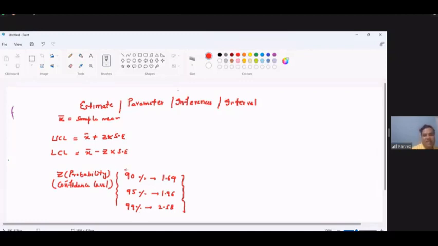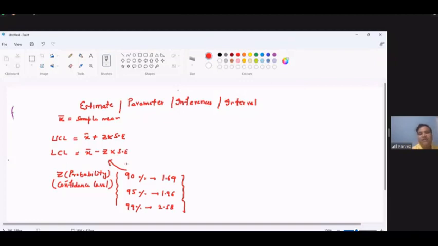For Z, in the question, they'll mention take 90% confidence level, so for Z which value to put? 1.64. If they mention 95% confidence level, then I put 1.96. 99% means 2.58.